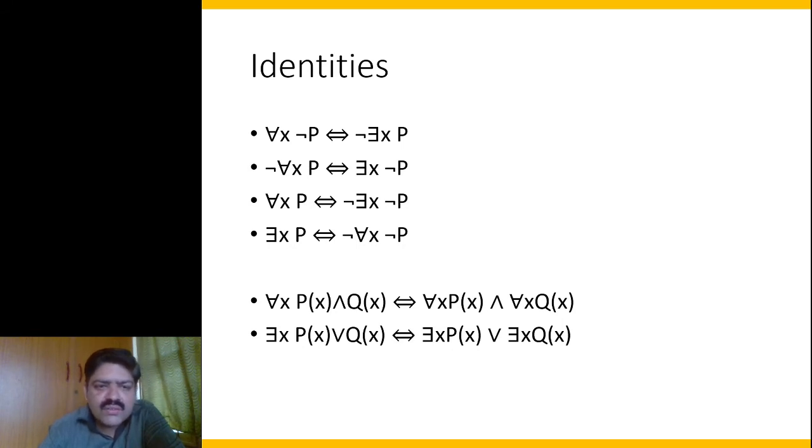These are useful to convert one expression into another. We could also break or decompose the expressions. For example, for all x, p of x and q of x is the same as writing for all x, p of x and for all x, q of x. Both are equivalent. The same holds for the existential quantifier too.